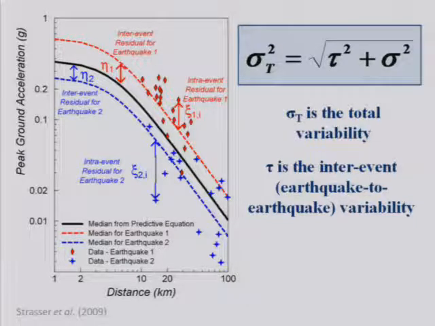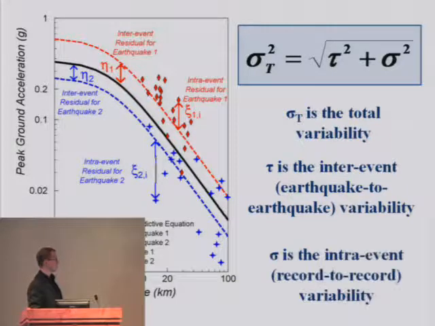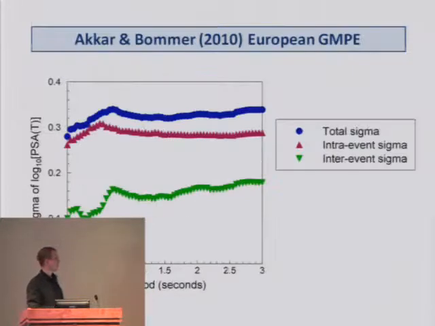In other words, how different is one magnitude 6 reverse faulting earthquake from another magnitude 6 reverse faulting earthquake, when we have nothing else in the model to tell us about the nature of the source. And sigma now, this sigma here, is the standard deviation of the intra-event residuals, and effectively it's the record-to-record variability, and we can think of that in the simplest terms as the spatial variability of ground shaking.